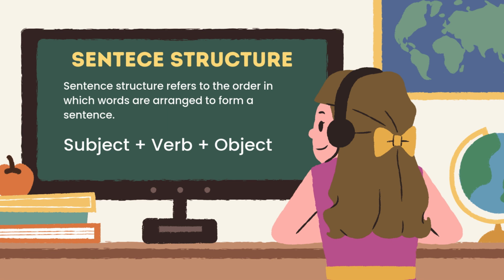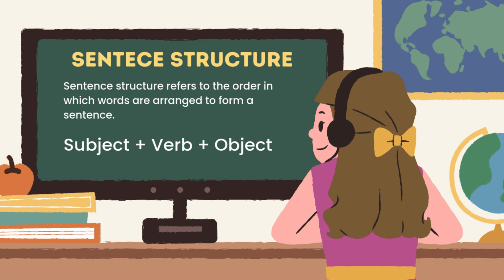For example, I learn English. Here, I is a subject, learn is a verb, English is an object. We can never say learn I English. That is wrong English. The verb will come in the second place, after the subject.